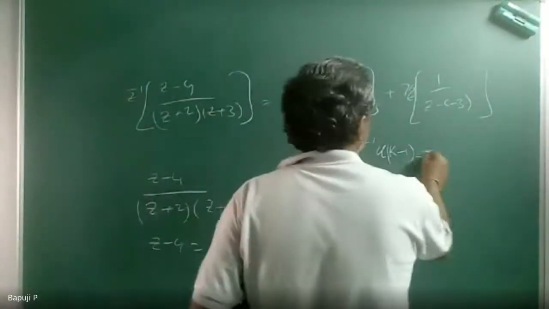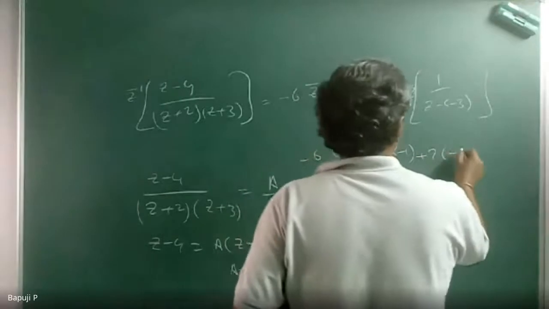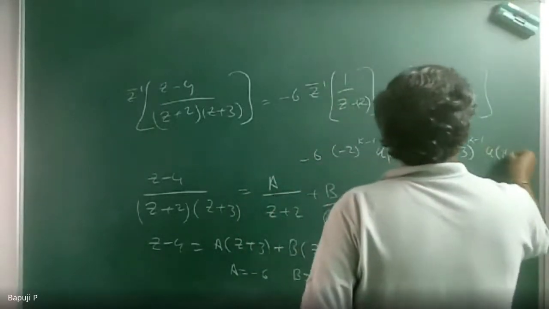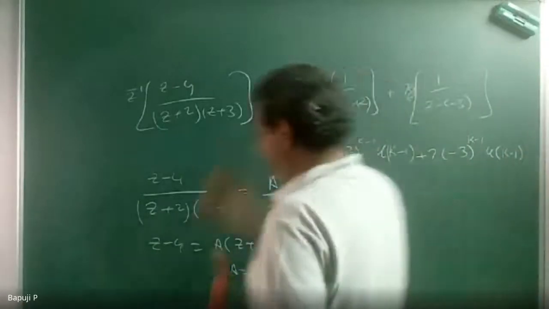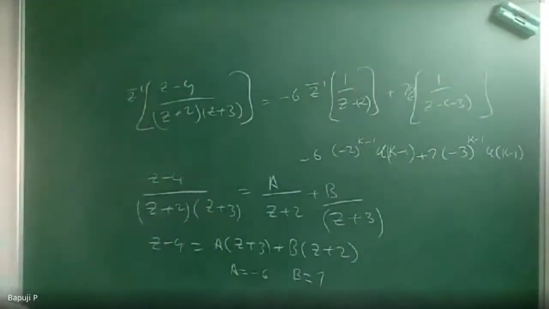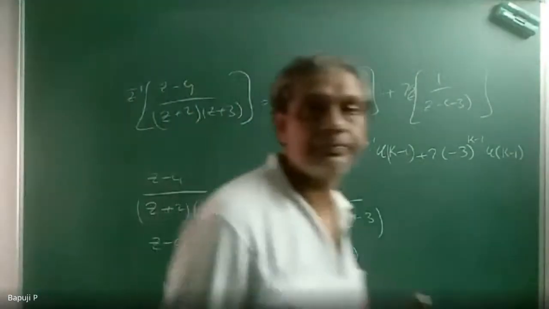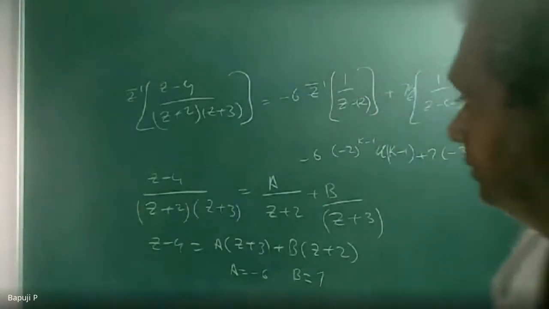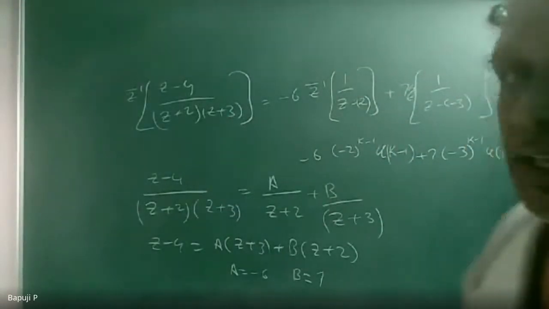Plus 7 into the second term, and that is when it is valid, the reason of convergence. So if they tell u of k minus 3, don't worry. Copy down. Copied or not? Say yes or no, sir.